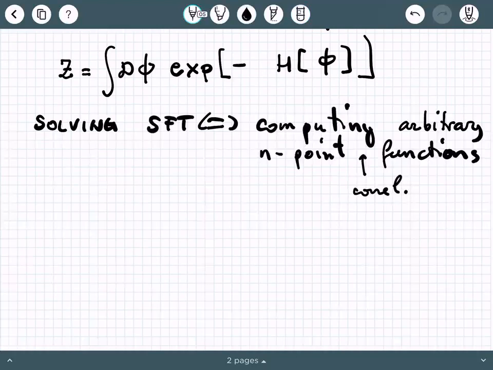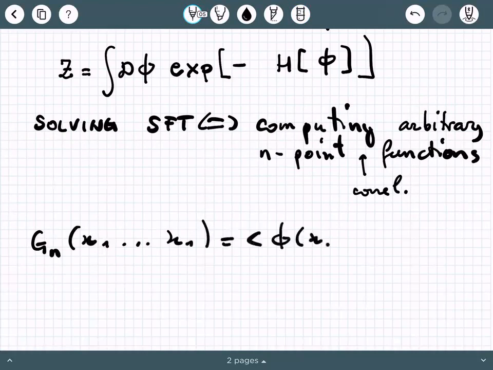So what is an n-point correlation function? We defined it last time, it is a function of n variables. And it's the thermal expectation value of the product of n fields, each one evaluated in general on a different point.